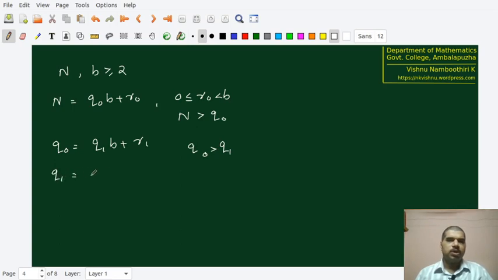Next, following the same procedure, q1 equals some q2 b plus r2, and q1 is going to be strictly greater than q2.